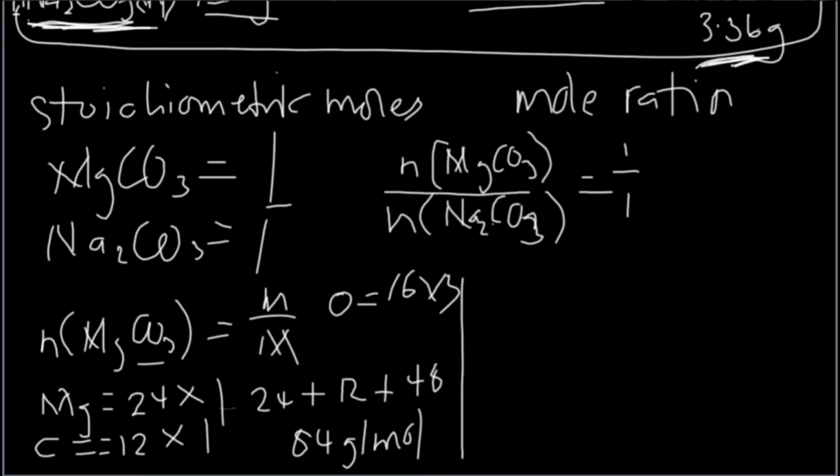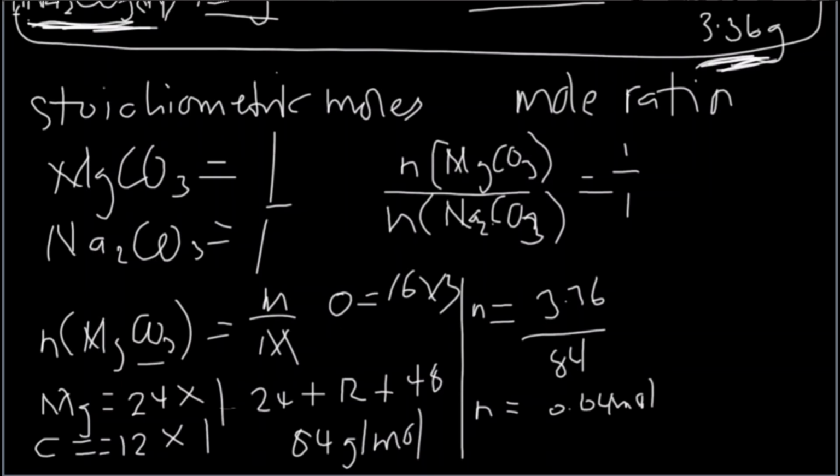That's the molar mass for MgCO3. So we are turning the mass given for MgCO3 into moles. Moles equal mass, 3.36, all over 84. So the moles of magnesium carbonate is 3.36 divided by 84, which will give you 0.04 moles.